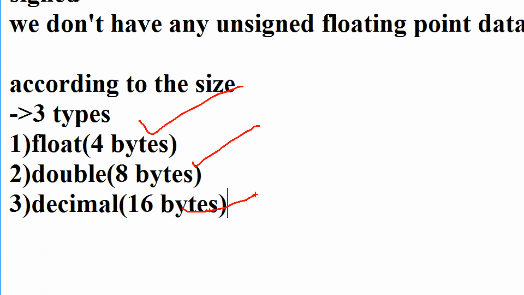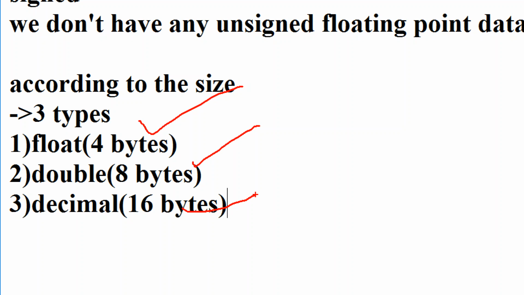Whenever you have a small amount of floating data, go with float, like student marks, M1, M2, M3 subject marks, out of 100 he scored 90. Person weight, like 60.5, 70.73, float.